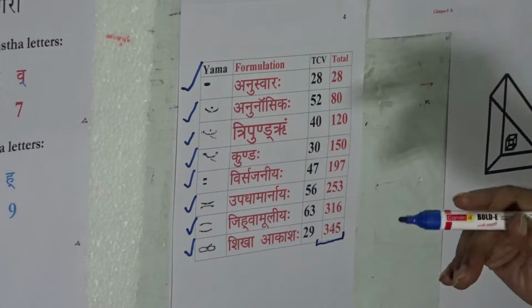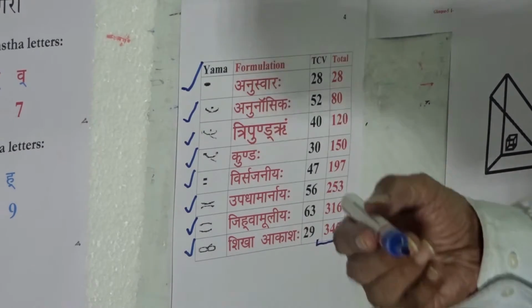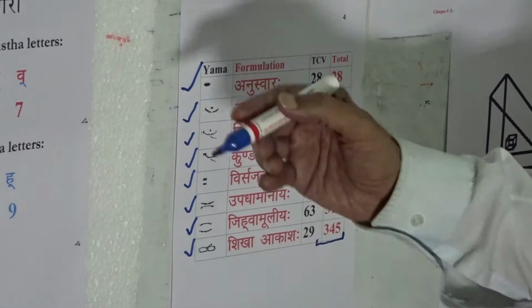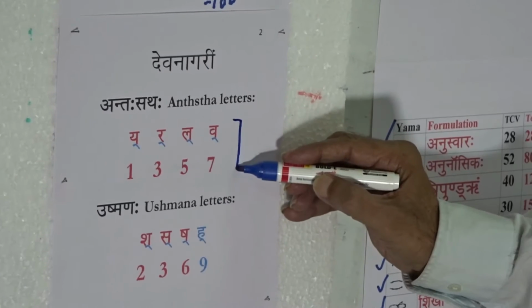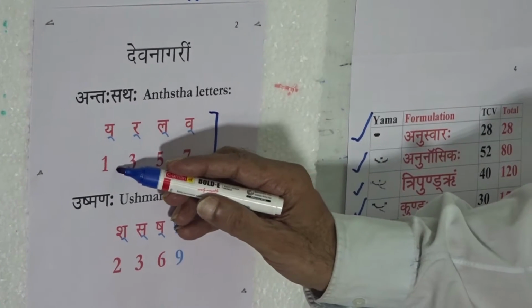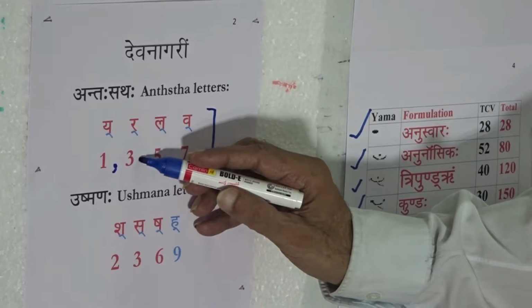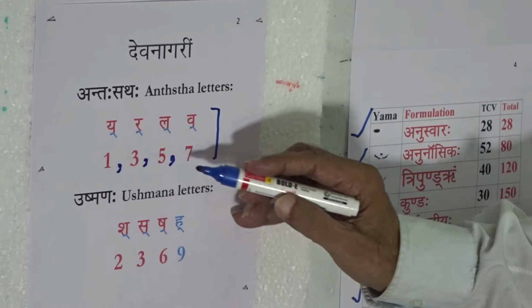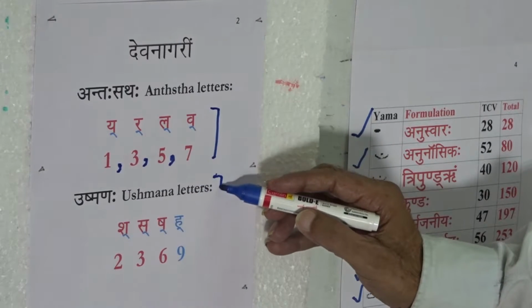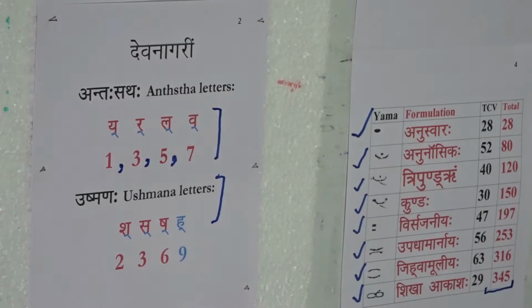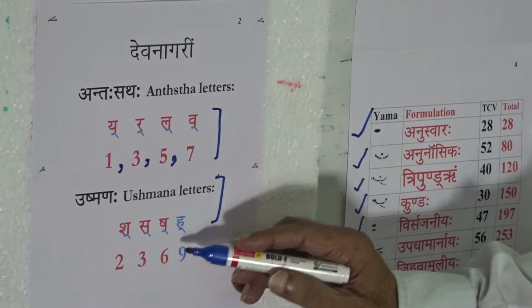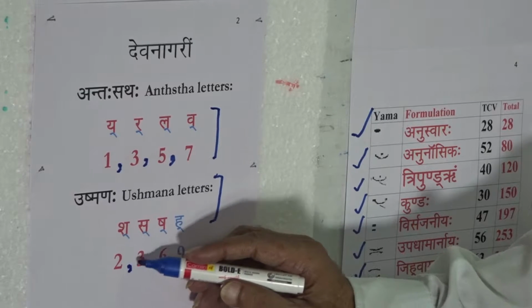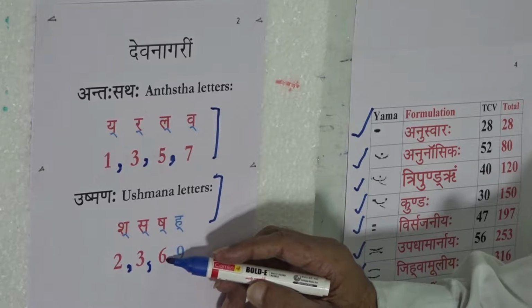We have been in the previous session exposed to quadruple Anthastha letters Ya, Ra, La, Va having association of values 1, 3, 5 and 7. Further, we have been exposed to quadruple Ushmana letters Sha, Sha, Sa, Ha of TC values 2, 3, 6 and 9.